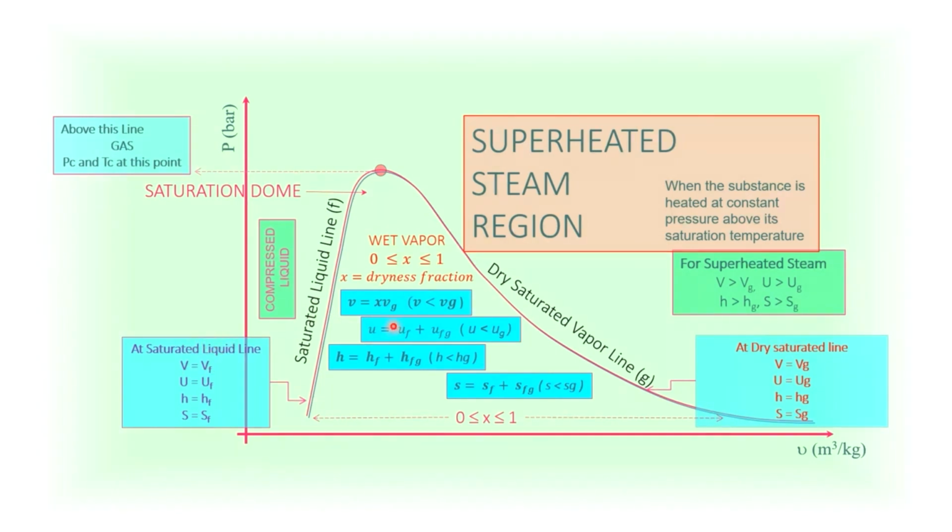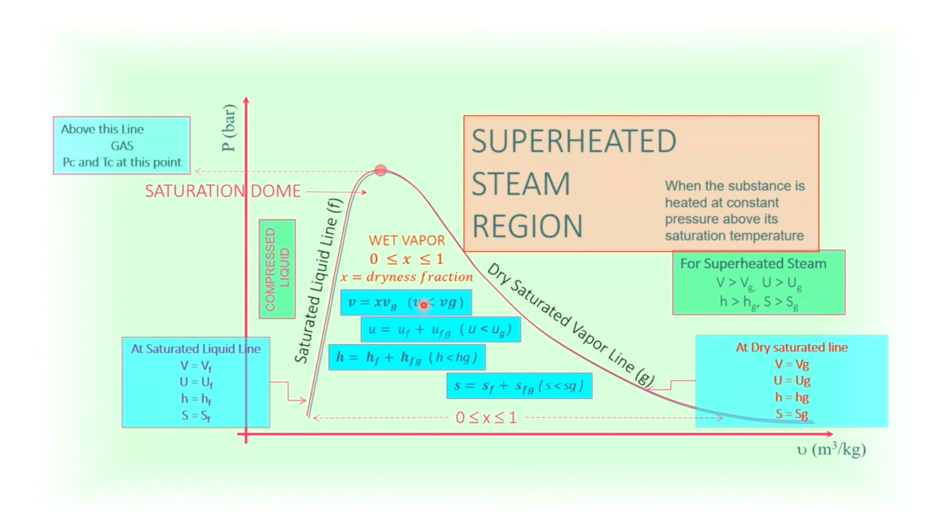If any given volume, internal energy, enthalpy, or entropy is less than the dry saturated vapor properties, that means the Vg, the Ug, and the Sg. Any properties of thermodynamics that lie on this line here will be given a subscript of G, representing that it is a dry saturated vapor or dry saturated steam.